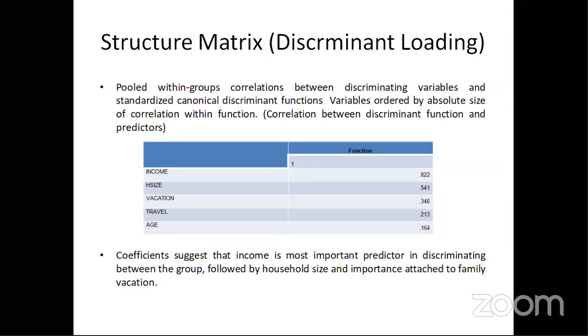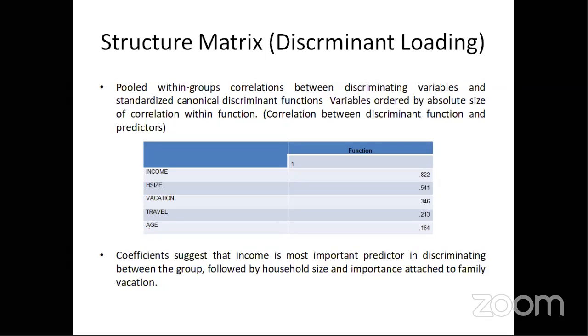And by using this structure matrix table, if you see, the role of income is more compared to other variables, and the role of age is minimum.